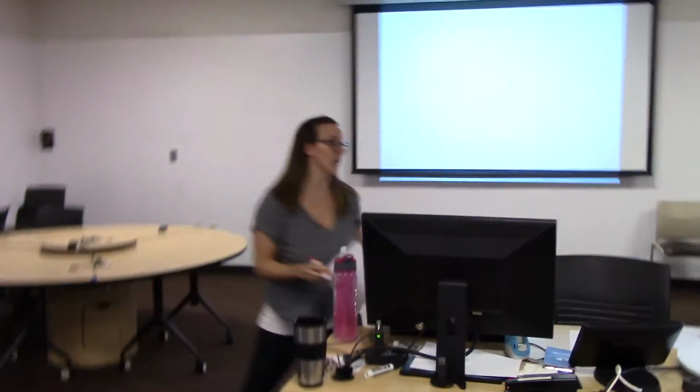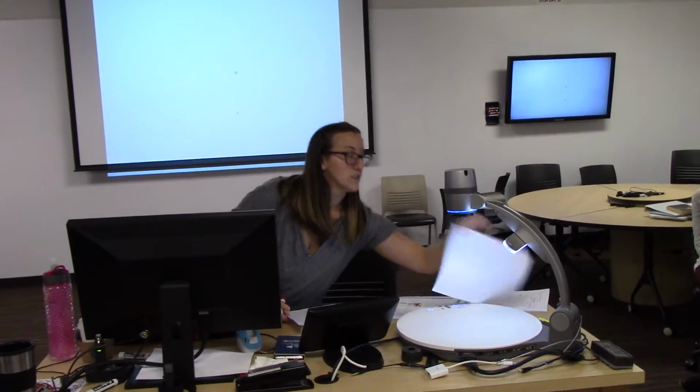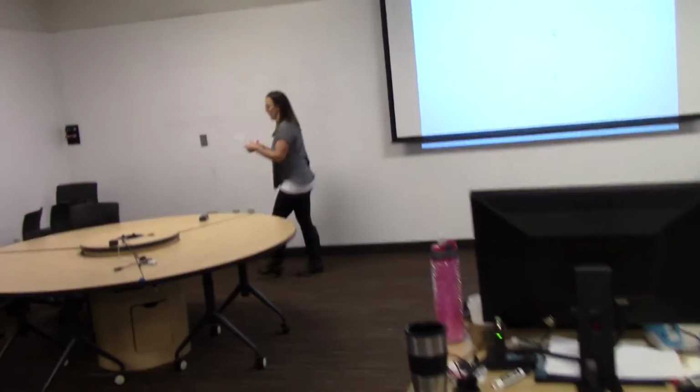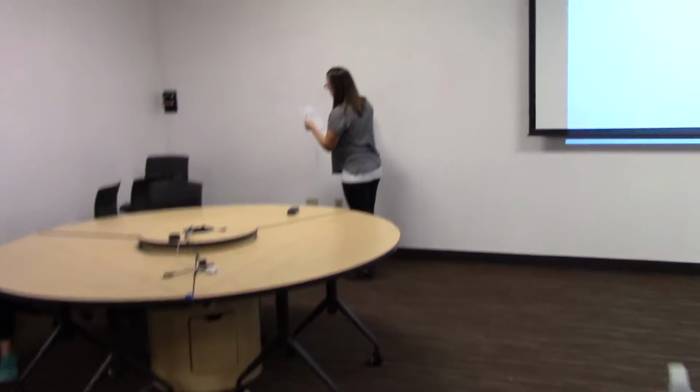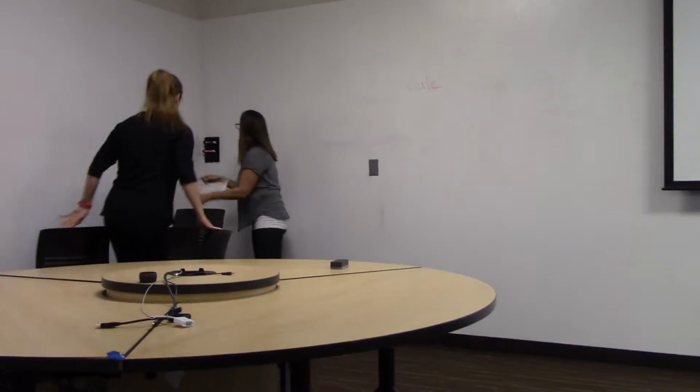Okay. So today we're going to go over the learning targets first, so everybody understands what it is we're going to learn today. So, one, I'm gonna write it up here. Let me know if I'm not writing big enough or if you can't see.